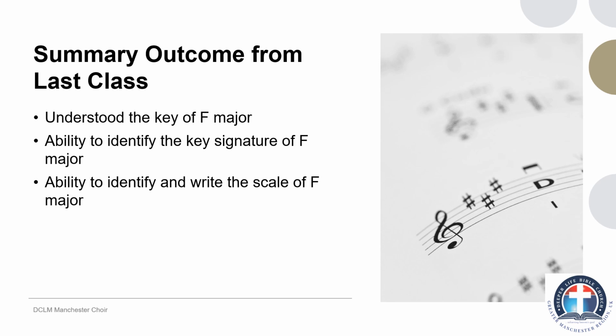All right, and we know that our key signature is written after the clef, and we're also able to identify and write the scale of F major, for instance, from F to F. That's F, G, A, B, C, D, E, F. There's no H, there's no I. We only have A to G in the musical alphabet.